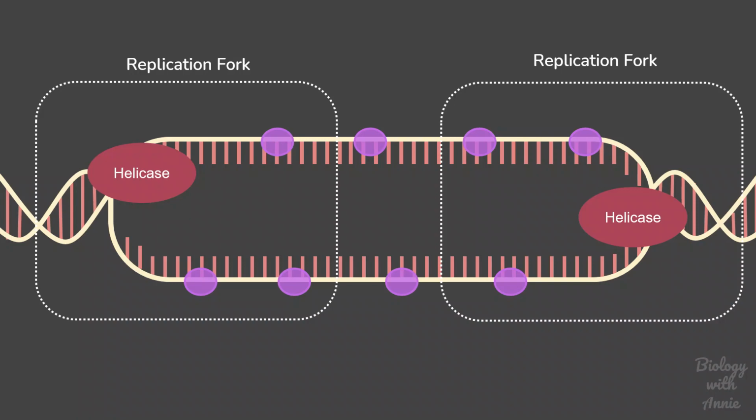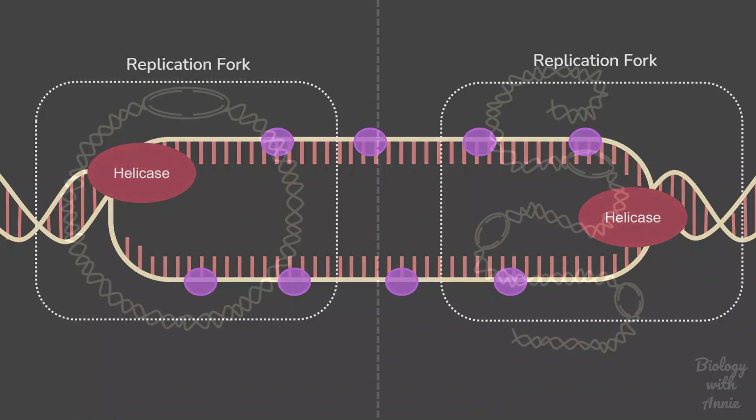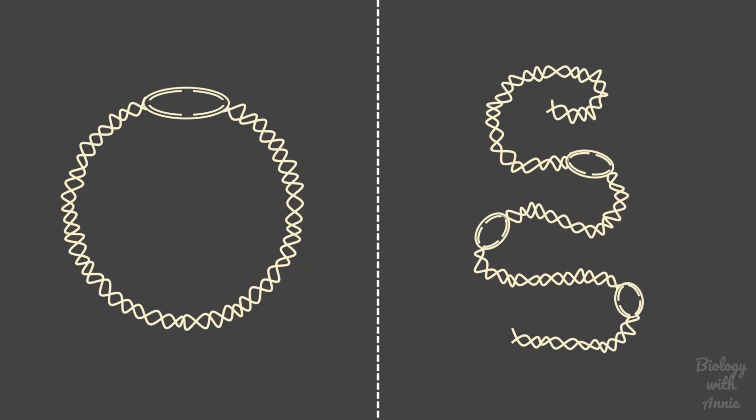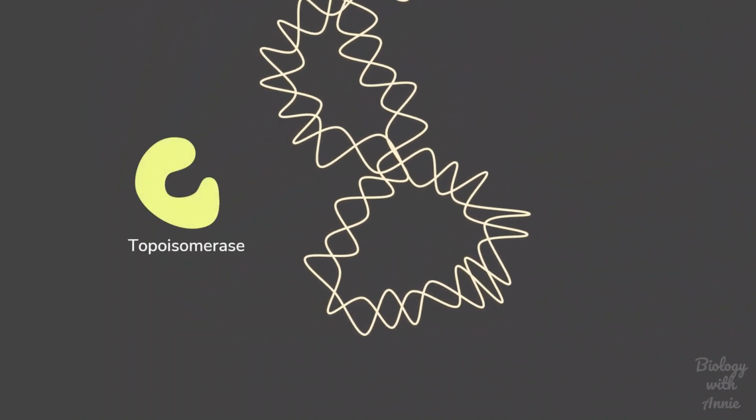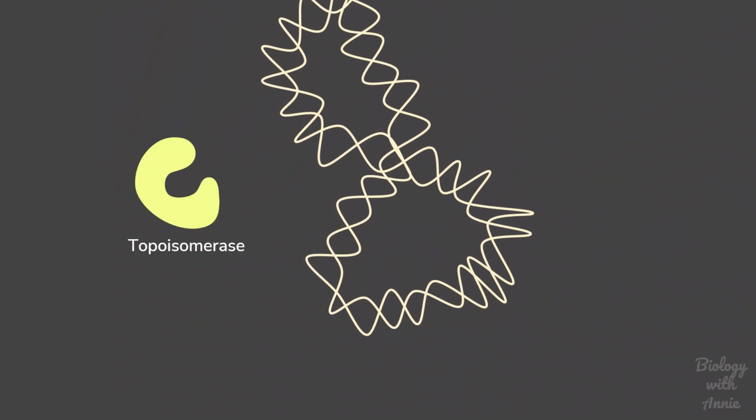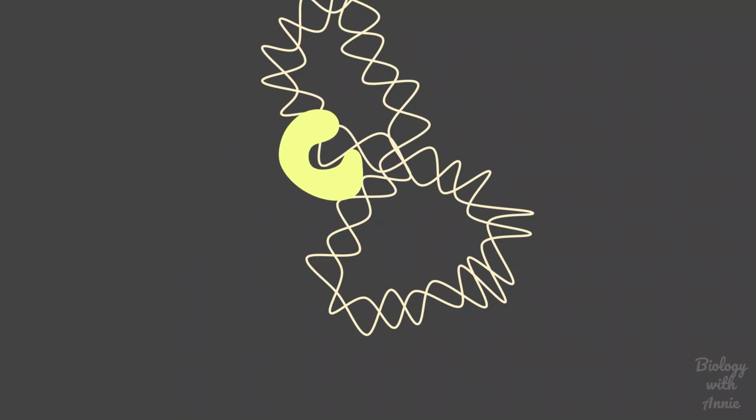As the fork moves forward, the unwinding of DNA causes a buildup of torsional strain ahead of it, resulting in the formation of supercoils. These supercoils must be removed for the replication fork to continue moving forward. Topoisomerase is an enzyme that performs this task. It binds to the DNA strand that is under tension and cleaves one of the strands.